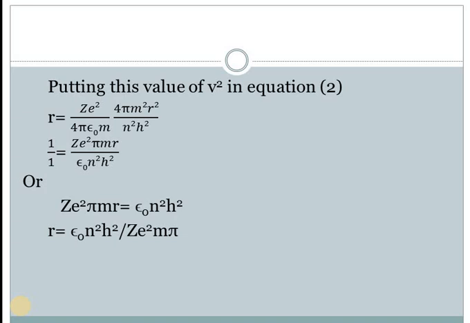Z cannot be fixed because it is the atomic number of that atom about which we are talking. e is a fixed value, m mass is also fixed, and pi is also fixed. So from all this equation, n can vary and Z can vary. Otherwise, all the other things are constant.